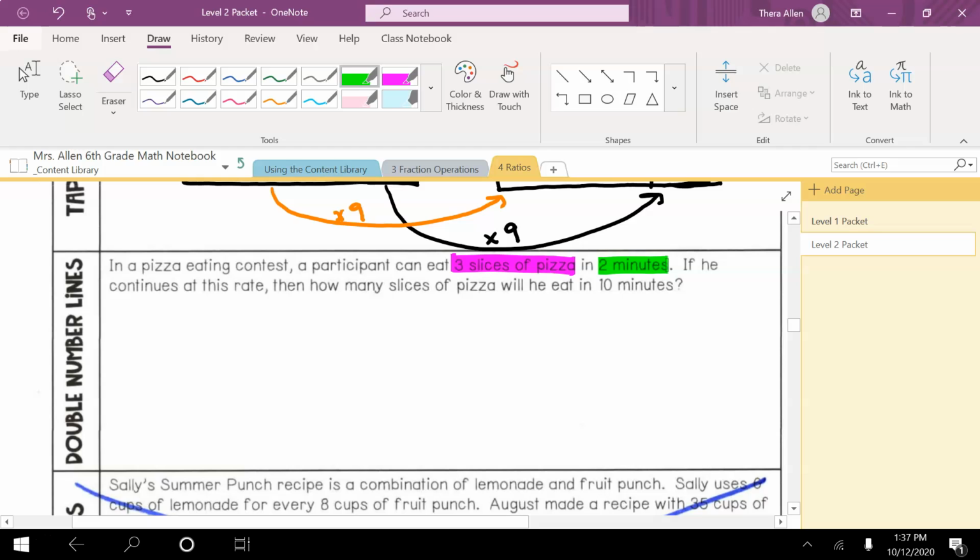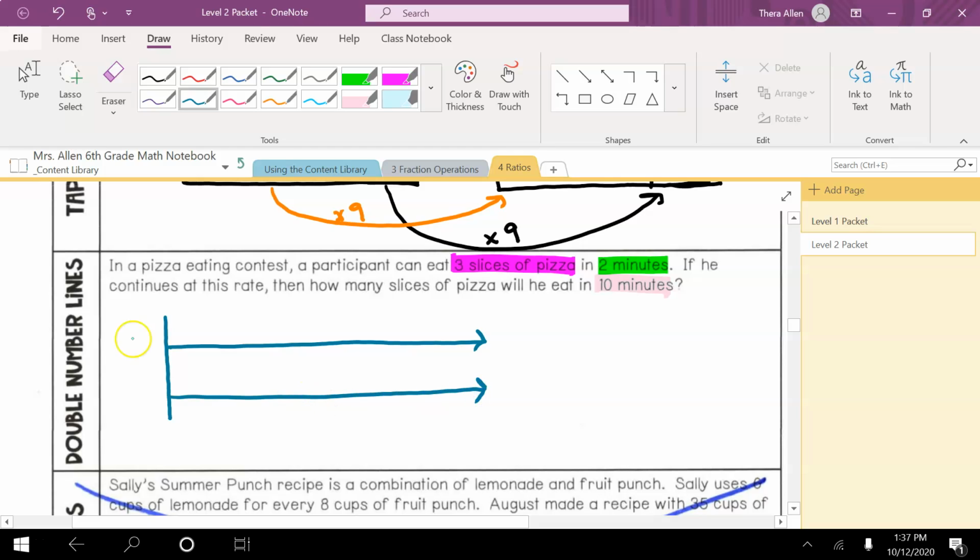If he continues at this rate, then how many slices of pizza will he eat in 10 minutes? Okay, so I need to make my double number line. I start with this line and 2 number lines going out. I'm going to label this one P, and it's going to stand for pizza. And I'm going to label this one M, and it's going to stand for minutes.